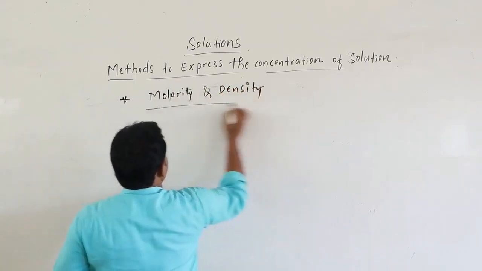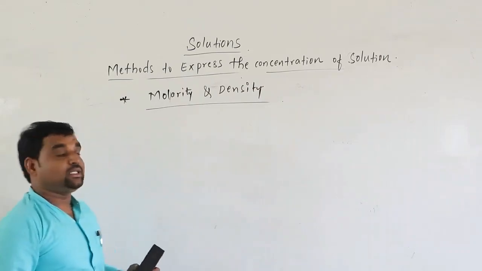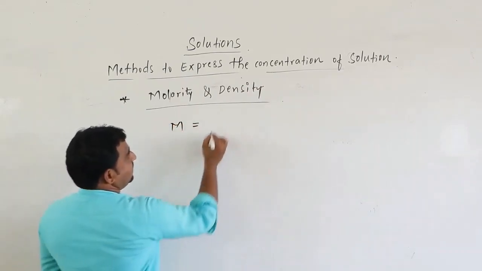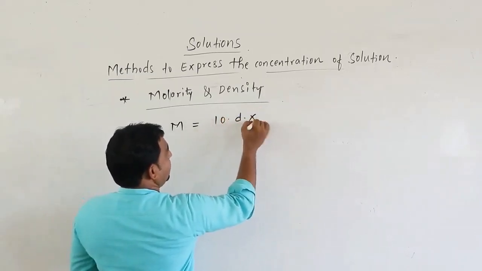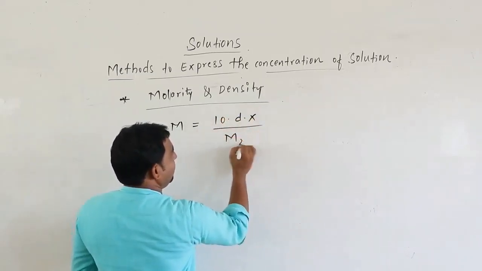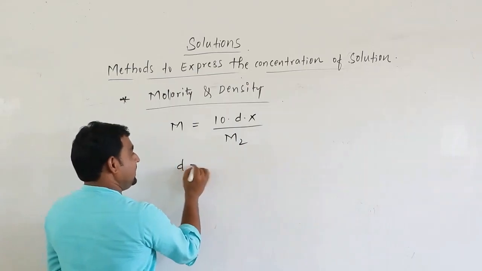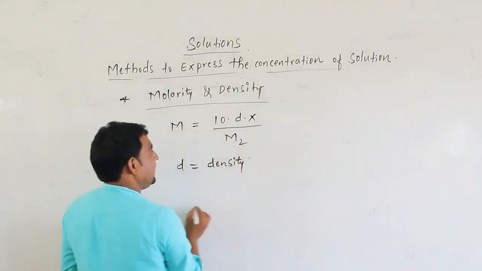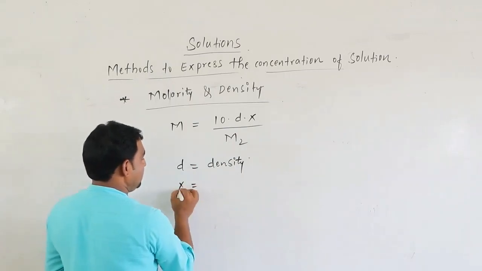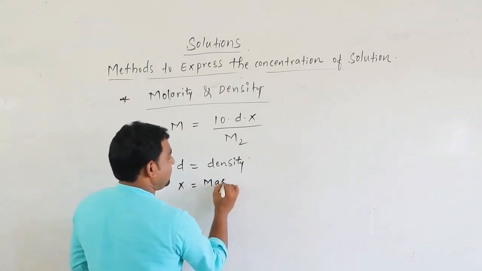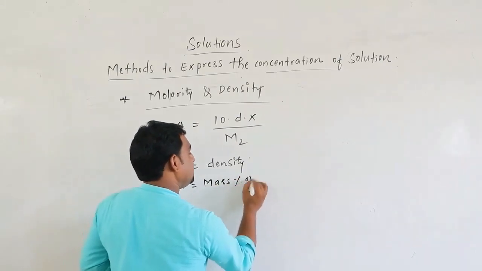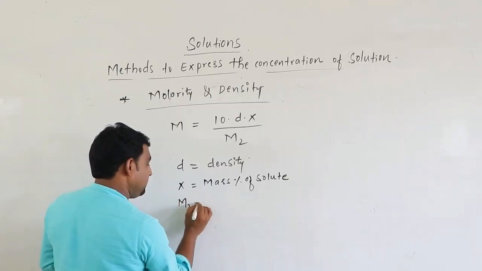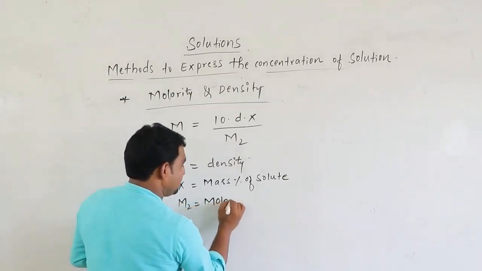In some numericals they give a density. In such cases we have to use the formula: molarity is equal to 10 d x divided by m2. Here d is the density, x is the mass percentage of solute, and m2 is the molar mass of solute.